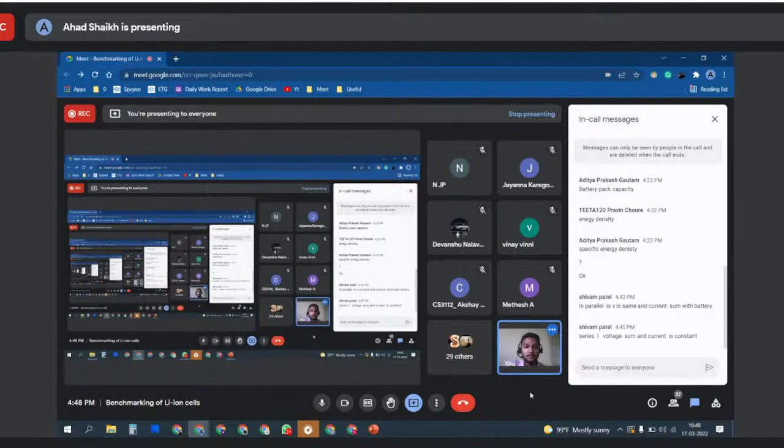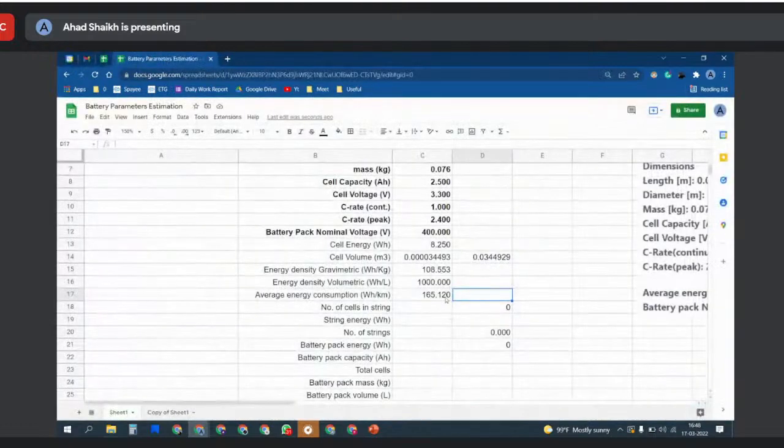So that is the watt hour per kilometer value. Or we can say how much fuel it requires to go 1 kilometer of distance. And this is the average value of a vehicle which is given.